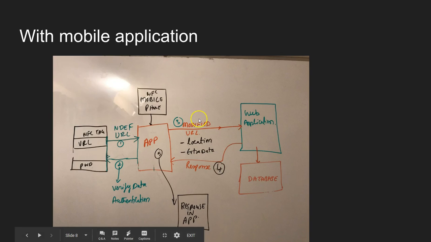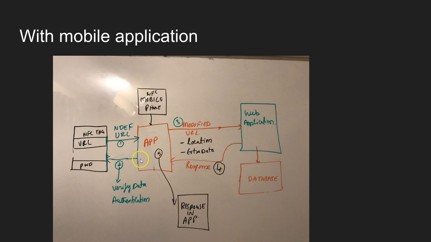So this is again an example of an architecture of this concept by using a custom app. Here, this is again the mobile. The app is already installed. Now the app first gets this URL or NDEF message and does any verification. Probably the app can take control of the tag.